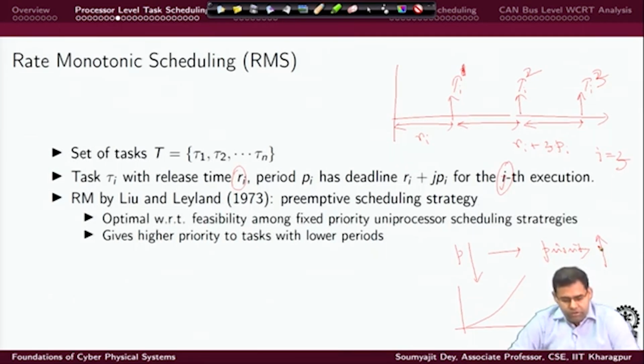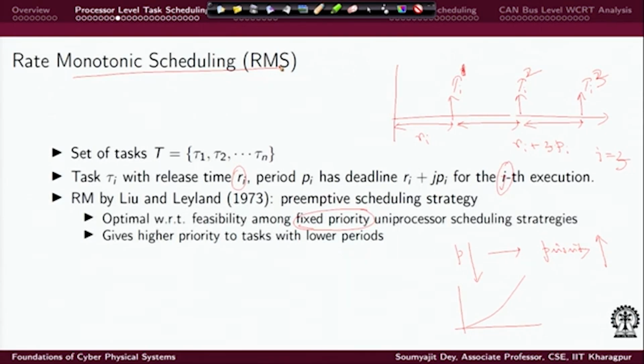Now, it can be shown that among all possible scheduling techniques which allow preemption in a uniprocessor scenario and where the priority is fixed, this is optimal with respect to feasibility. So, let us understand again. In this scheme the priority of the tasks does not change, because the priority is just the inverse of the period.